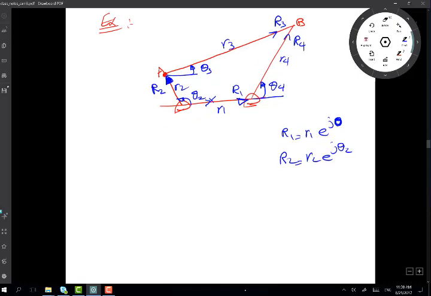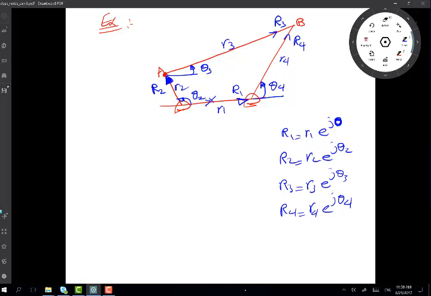And then R3 is length R3 and direction theta 3, and R4 is constant length R4 and direction theta 4, right. So now these are the vectors on the linkage, and I can just add them together to do my loop closure equation.